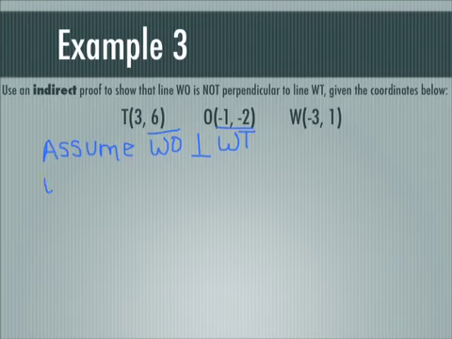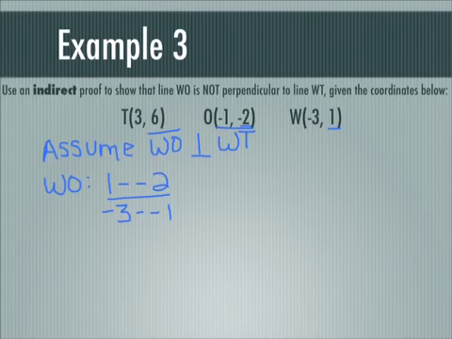If I'm going from W to O, I would do, well, let's see. I'll go from O to W. So 1 minus -2 over -3 minus -1. Would you have gotten the same thing if you would have started with O?